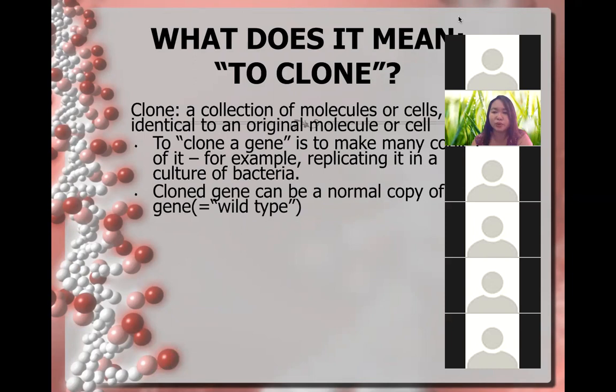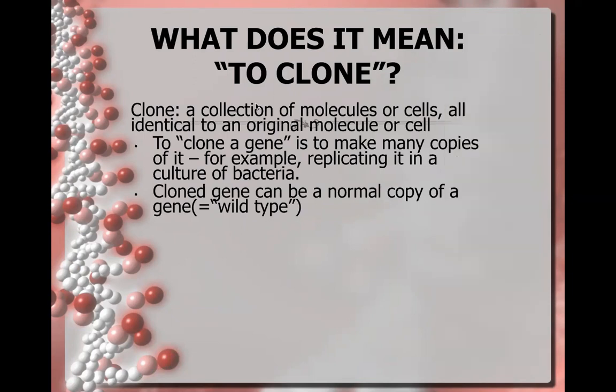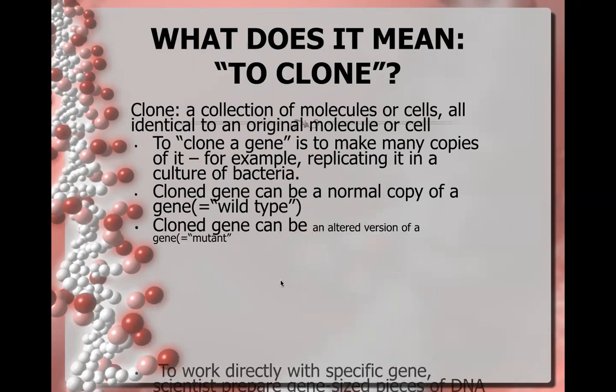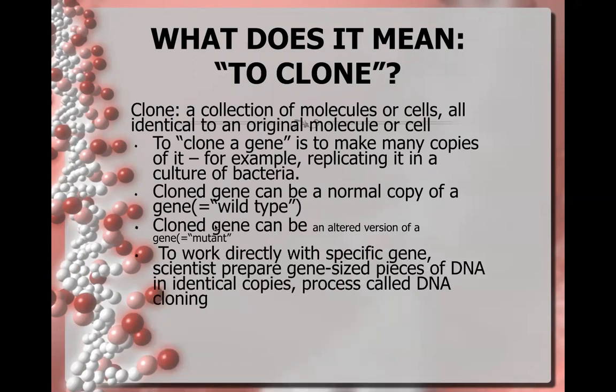To clone means a collection of molecules or cells which are all identical to an original molecule or cell. Or to clone a gene is to make many copies of it, replicating it in a cultured bacteria. And the cloned gene can be a normal copy of a gene or wild type, and can also be an altered version of a gene we call the mutant.